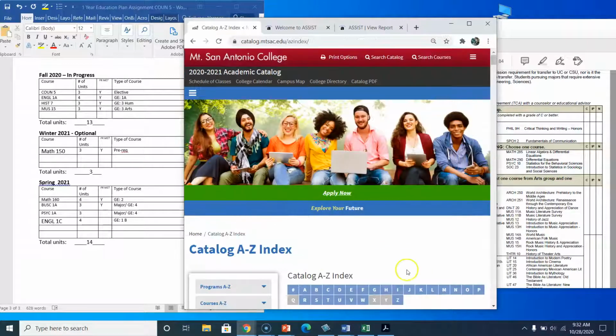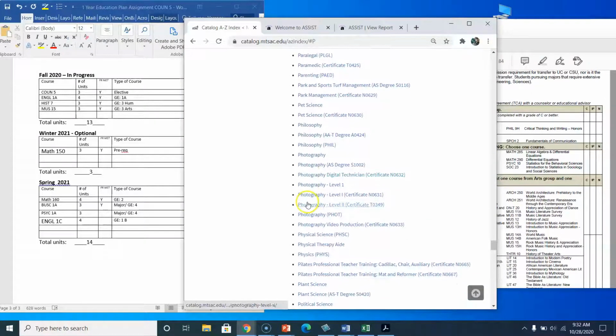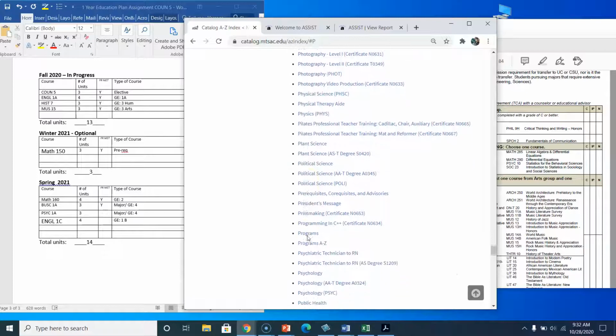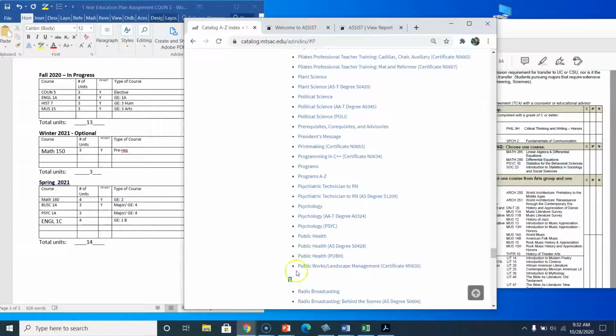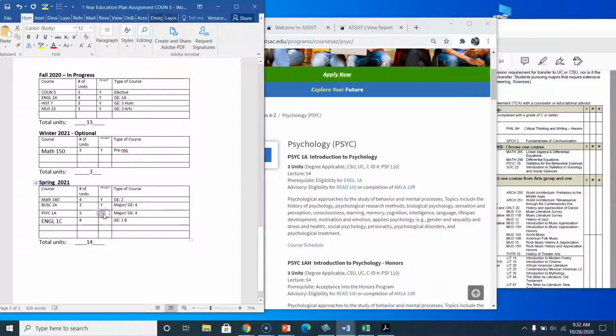Catalog A to Z. We want the psychology classes. Here we go. Look for the little initials. Okay, Psych 1A, prereq, eligibility for English 1A, advisory, eligibility for Read 100, but that's just advice. They won't stop you from enrolling. So do we meet the prereq? Yes, we do.